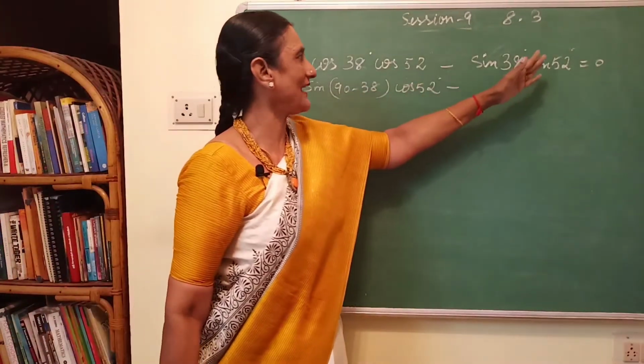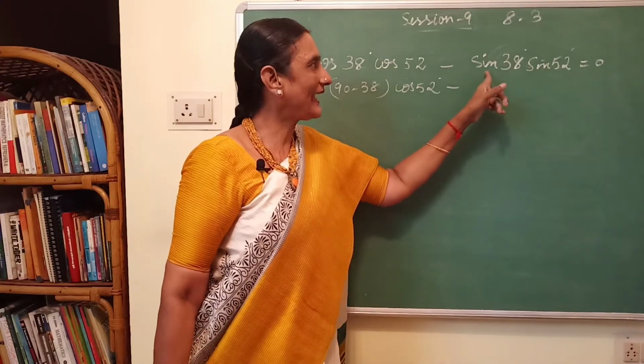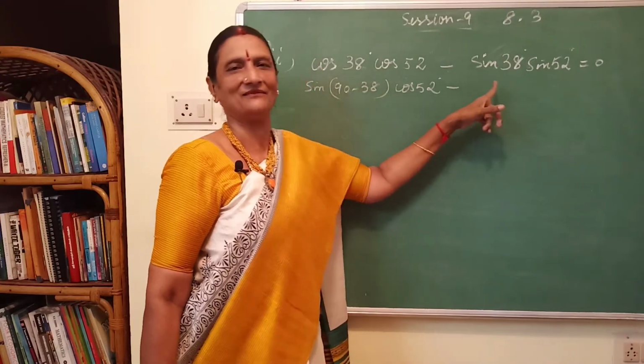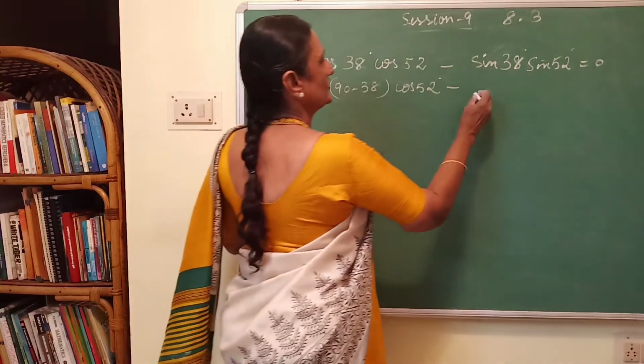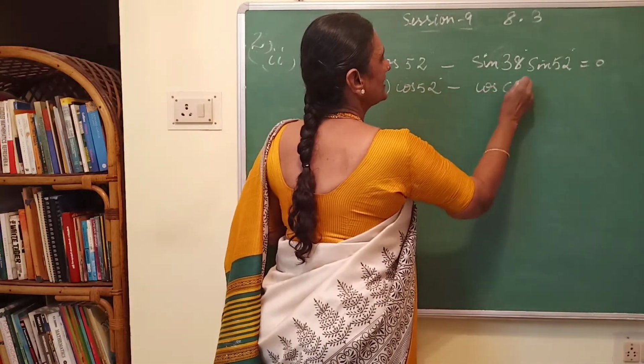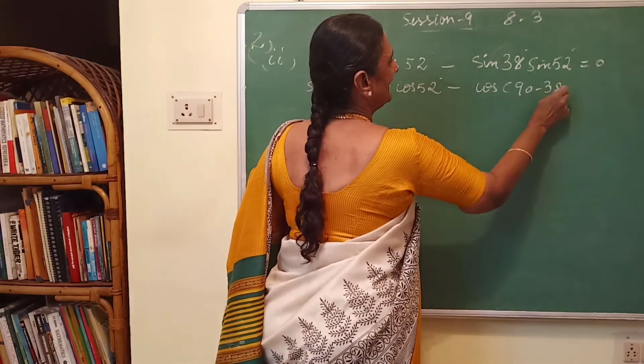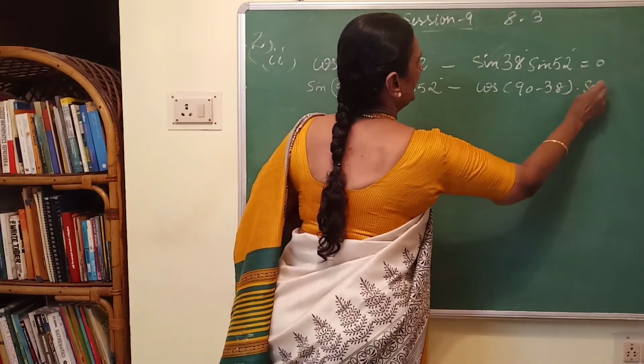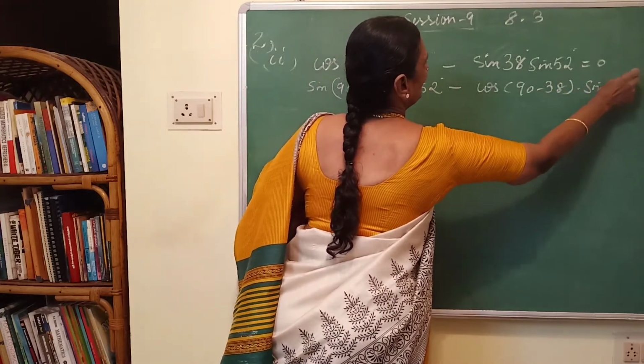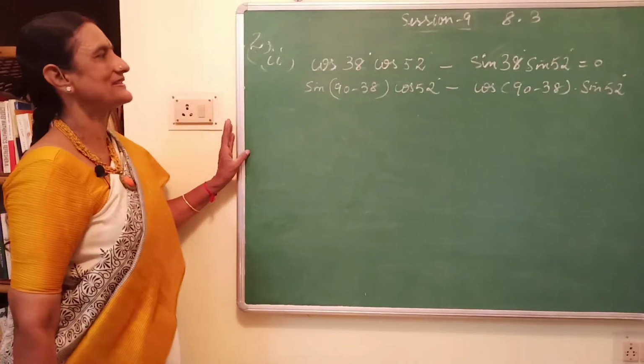Here sine is already there, so we can aim at replacing this sine. If you do so, this is cos of 90 minus 38 into sine of 52 degrees. Now let us see what happens.